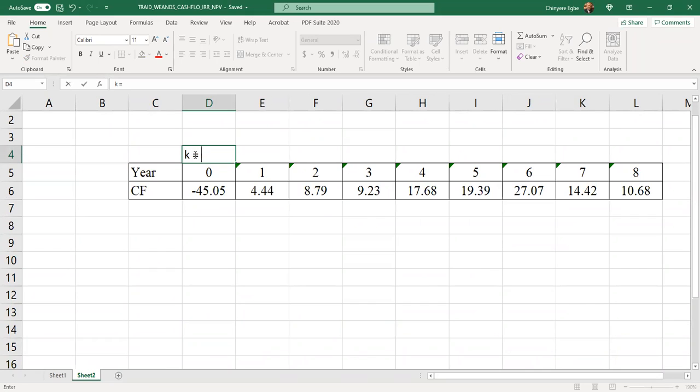All right. So now K equals 0.09. And for your cash flow, I'm going to say NPV. This is where I'm going to put my NPV.